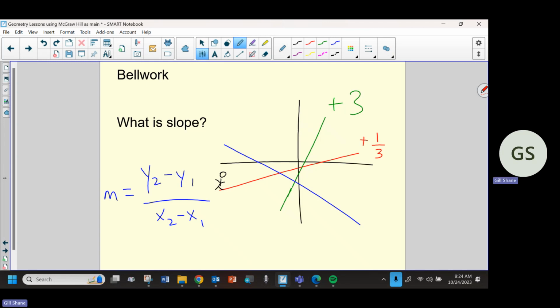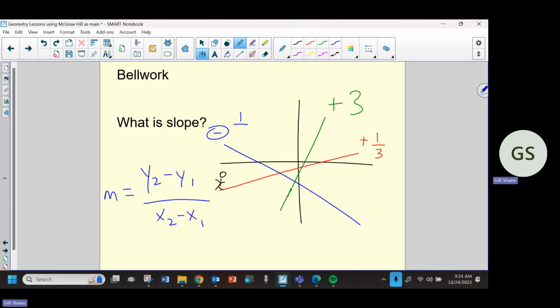The blue line, again, it's negative, so down, so negative. But it's a little steeper than this. It's steeper than the red. Well, it's not super steep because, again, if it were really steep, it'd be like a 3 or a 4. It's not a 1. I'd say it might be like 2.5.